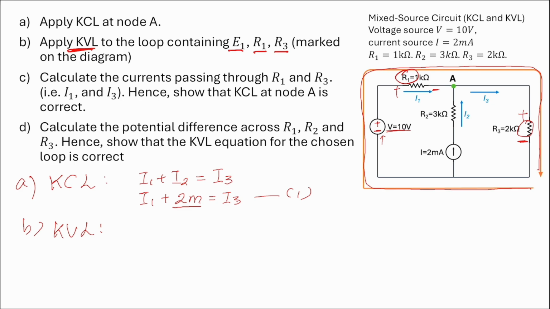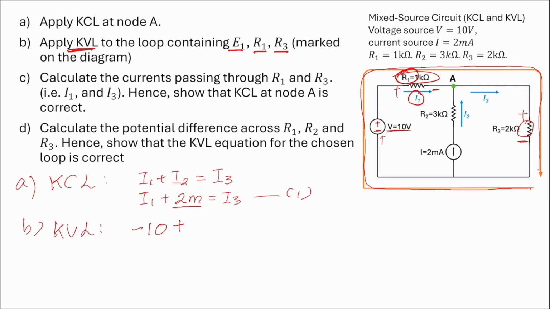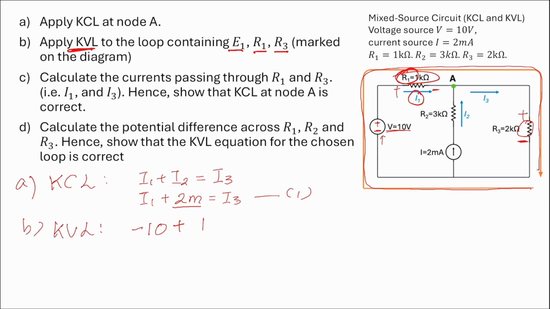Okay, so let's analyze this one. KVL: for the 10 volt source, it entered from the negative side, so it's negative 10 plus the voltage across R1. The voltage across R1 is I1 multiplied by R1. R1 is 1K, so this is the voltage across R1.